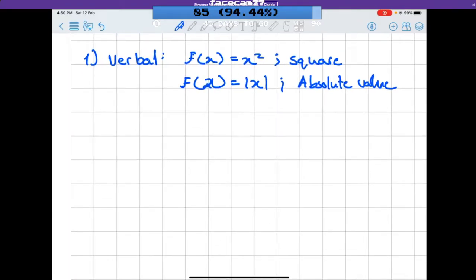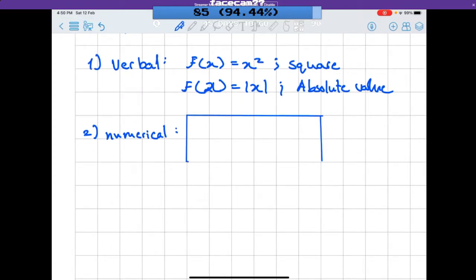The second way is numerical, which is by number. So let's say we have a table, right? And it gave you x and y, or it gave you input and output.